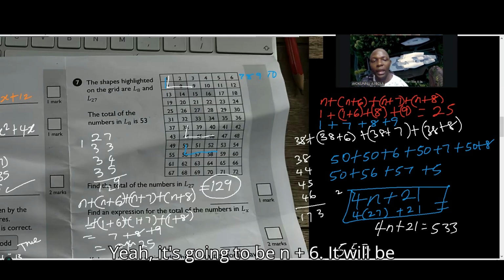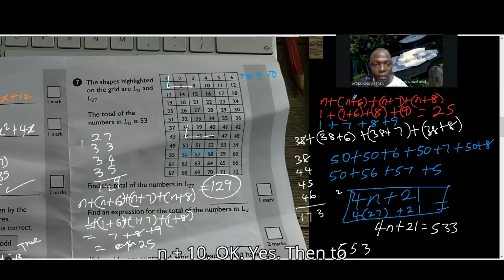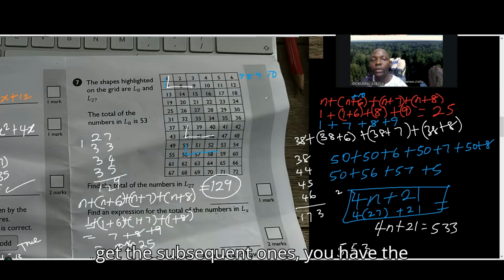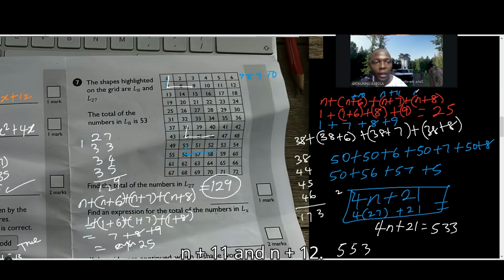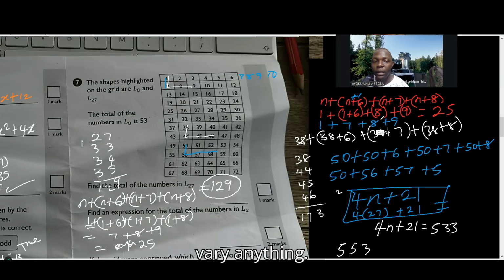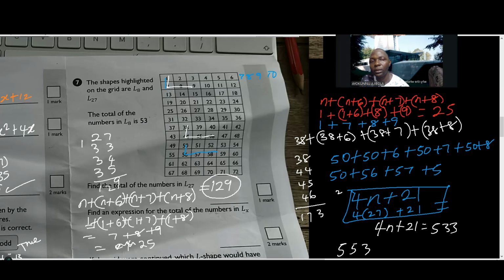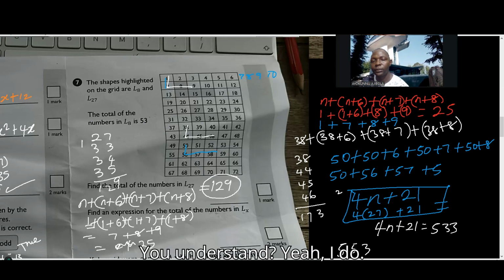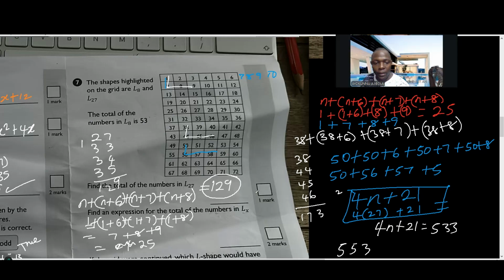It won't be n plus 6, it will be n plus 10, okay? Then to get the subsequent ones, you have n plus 11 and n plus 12. So they could vary anything. You understand? Yeah, I do.